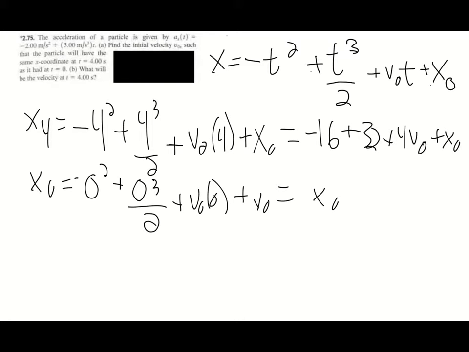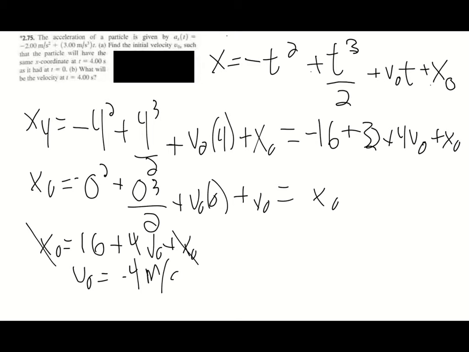So we're going to say that x naught equals 16 plus 4v naught plus x naught. Well, x naughts are going to cancel. And v naught's going to have to be negative 4. We can put the units in there too.